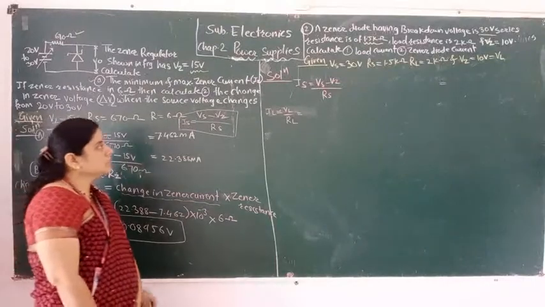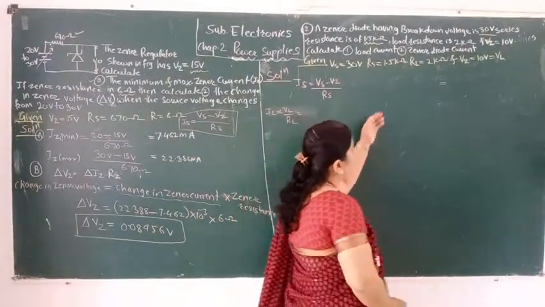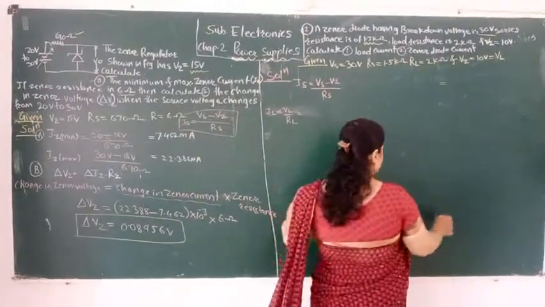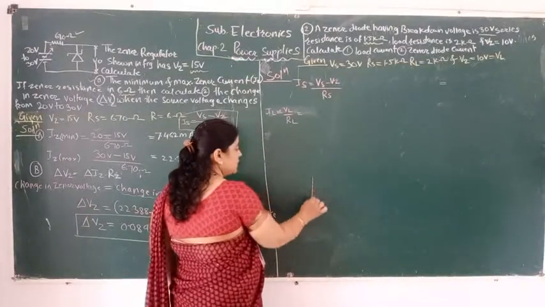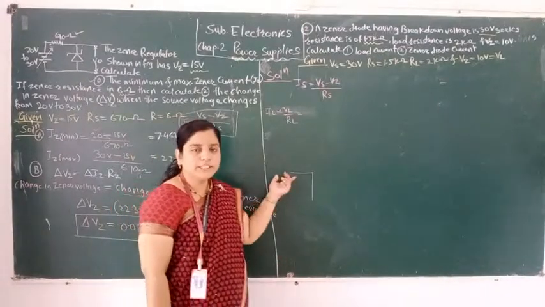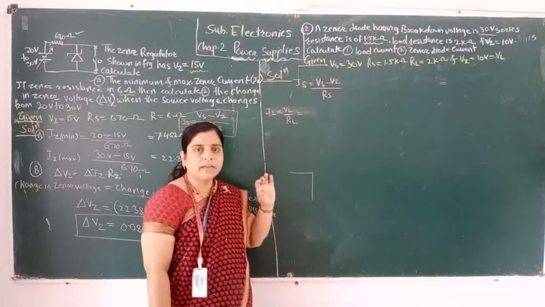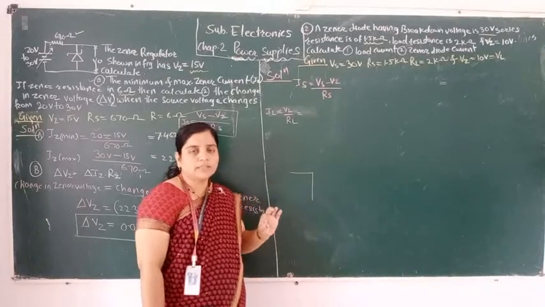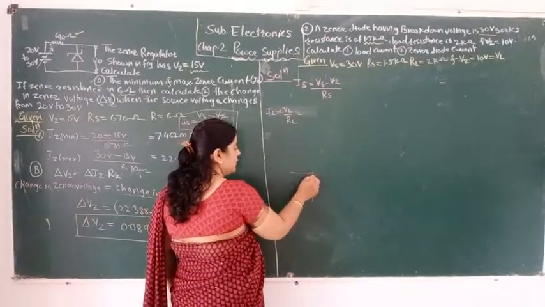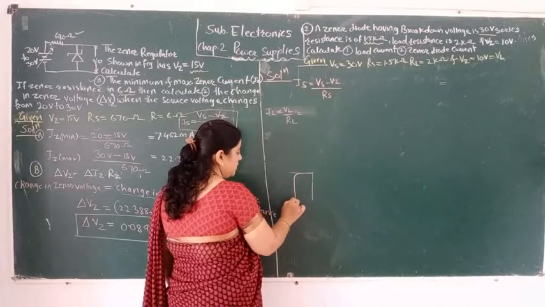Now see the second example. A Zener diode having breakdown voltage. You know breakdown voltage? What was the graph for the Zener? We have seen that the Zener works only in the breakdown region. There are three types of region: forward region, leakage region, and breakdown region. The Zener diode works only in the breakdown region.